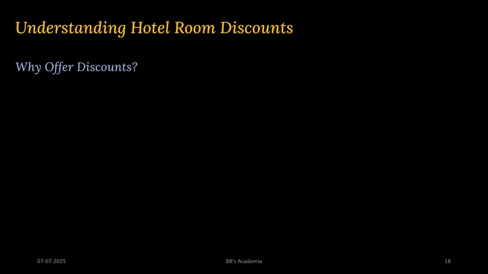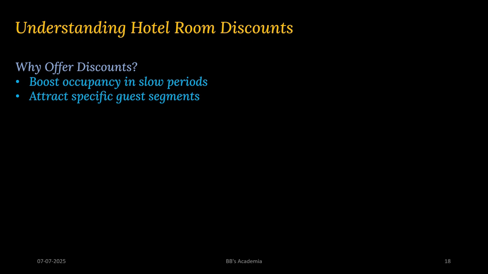First question that comes to our mind: why do we offer discounts? To boost occupancy in slow periods. So if you give discounts, naturally people will be interested to come and book the rooms. Attract specific guest segments, that means corporate, staff, OTA, and many other segments.